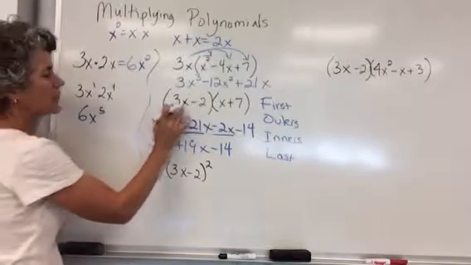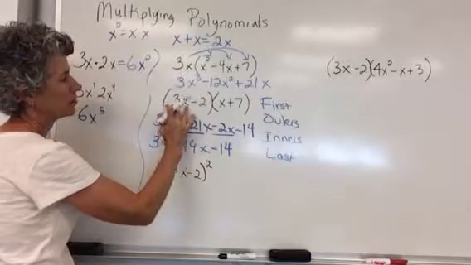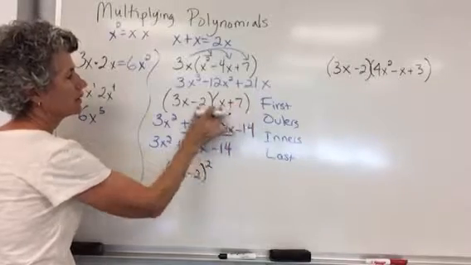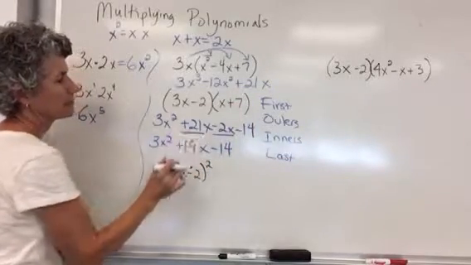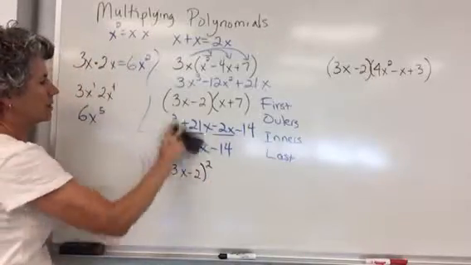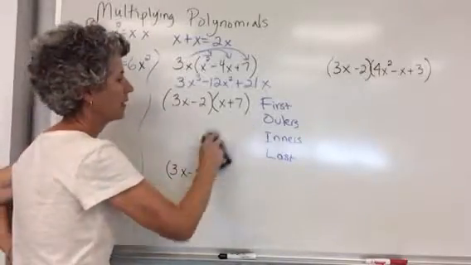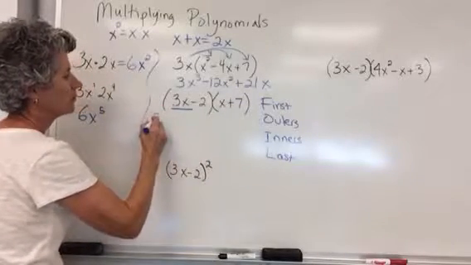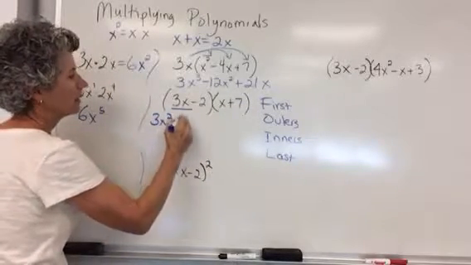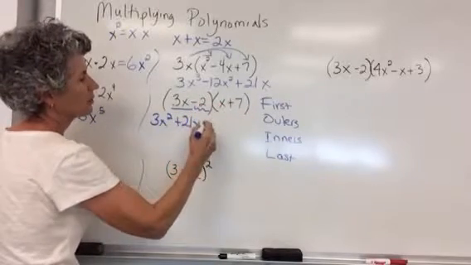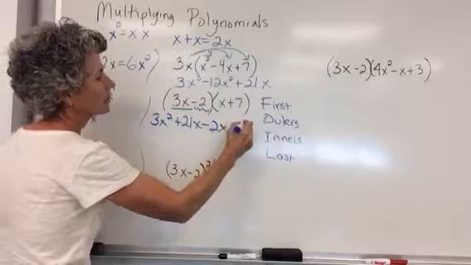So FOIL again, the first in each parentheses, 3x times x, then the outer ones, the inner ones, and then the last. There is another way to think about it in terms of distributing, so I'm going to redo this one. Some people think about it as 3x times each of these, which would be 3x squared plus 21x, and then the negative 2 times each of those, so negative 2x minus 14.